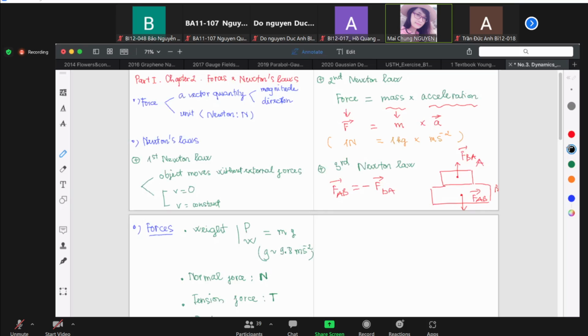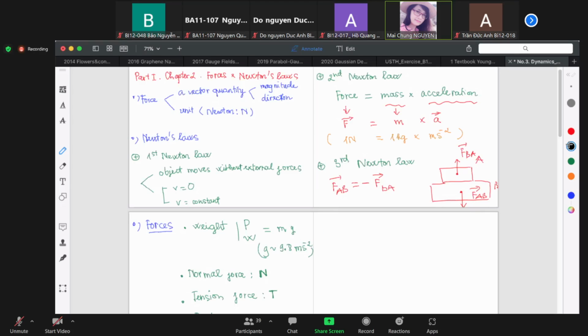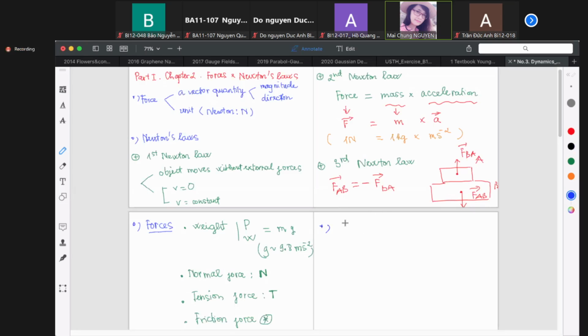Because here we consider the motion of an object, right? There may be several forces acting on the object. So think about the way we need to approach any exercise. To conclude, I would like to show you the general method for exercises. Let's talk about the general method.